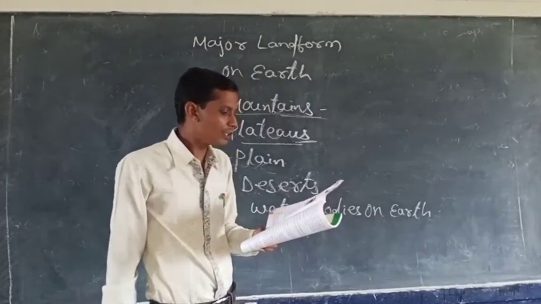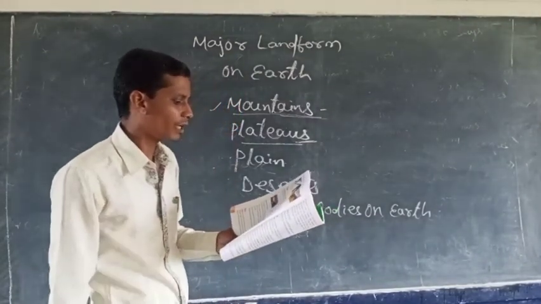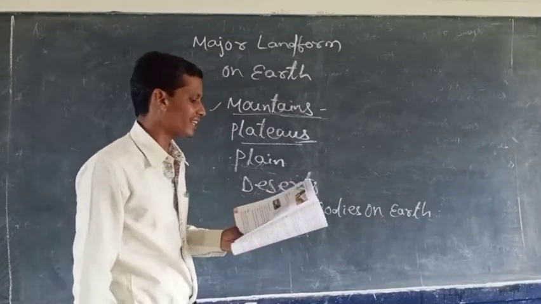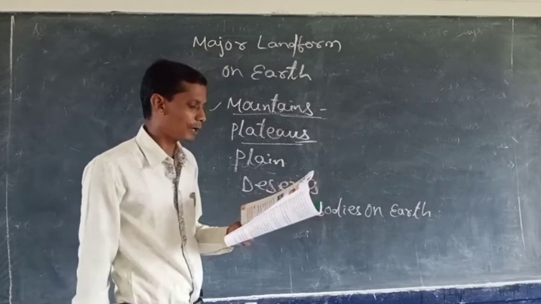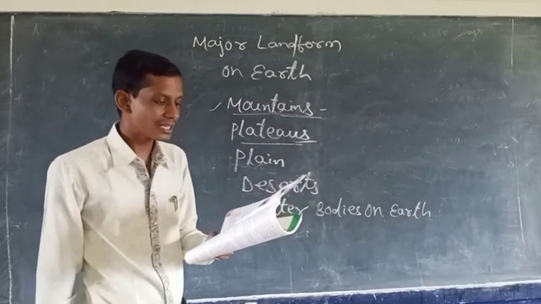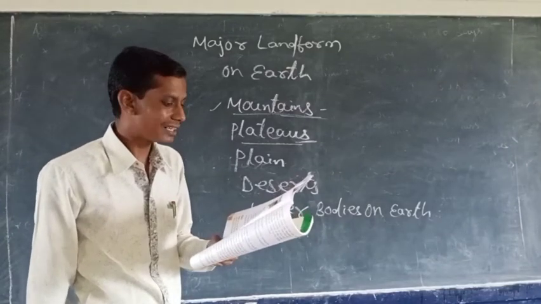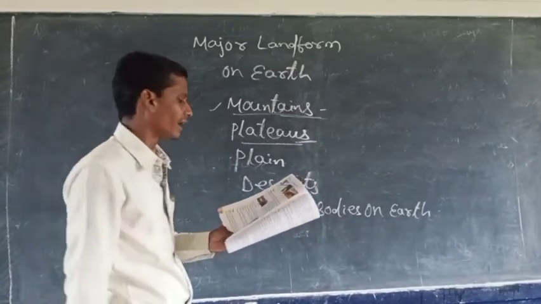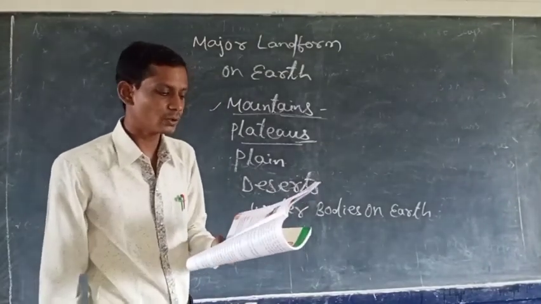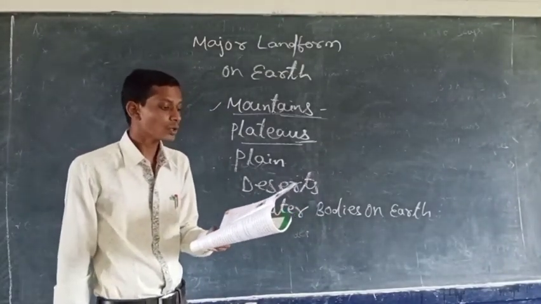The height of plateaus often varies from a few hundred meters to several thousand meters. The Deccan Plateau is the oldest plateau in India, and the Tibet Plateau is the highest plateau in the world.